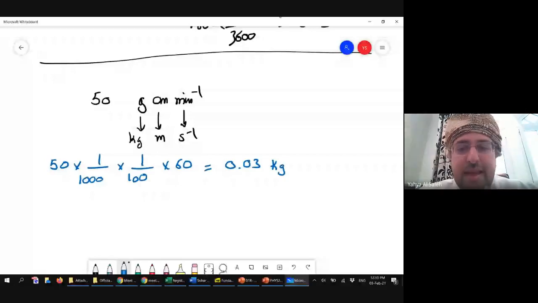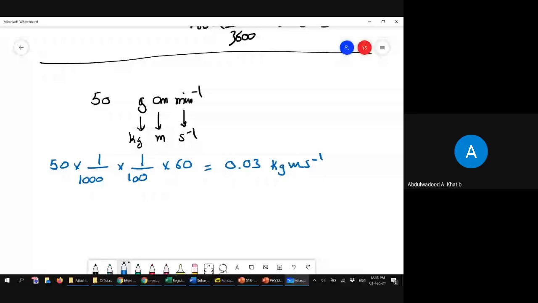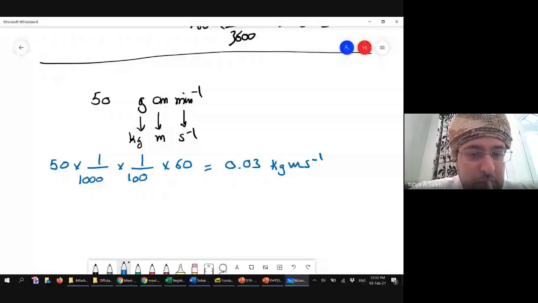Okay. Now, is everyone okay with this conversion factor thingy? How do we convert? Yes. What is s to the power of minus 1? S to the power of minus 1 means 1 over s, per second.